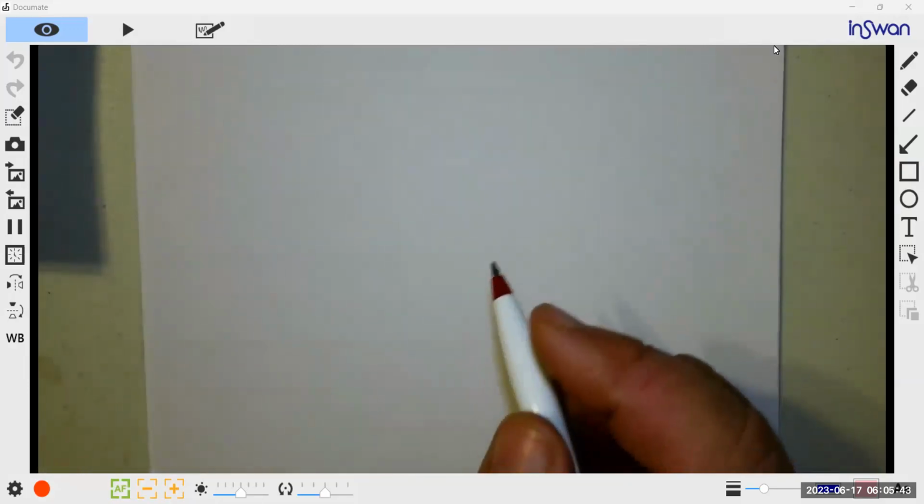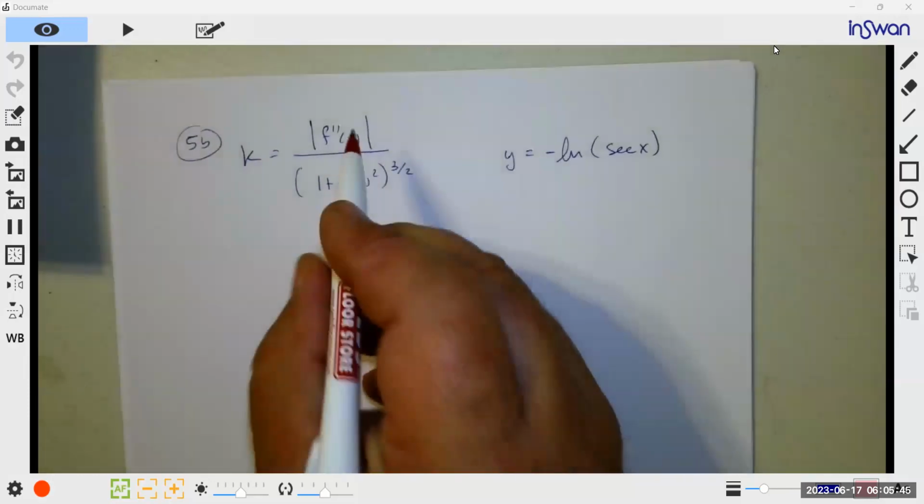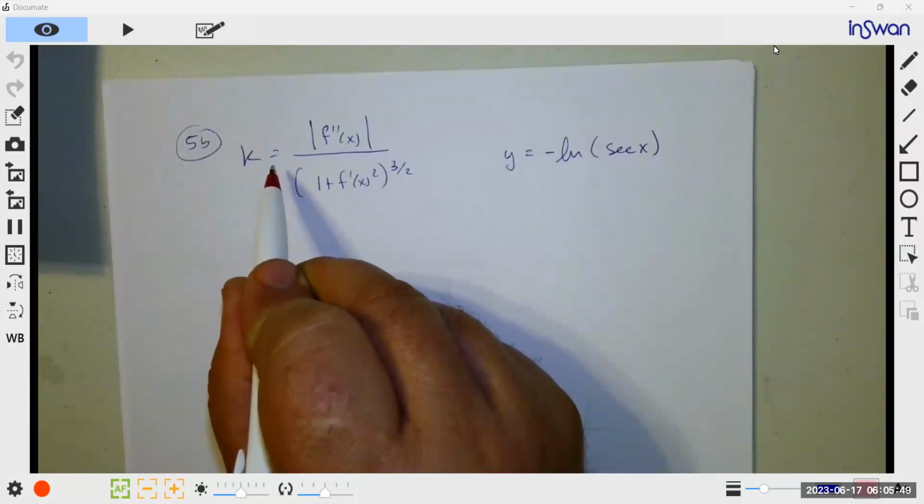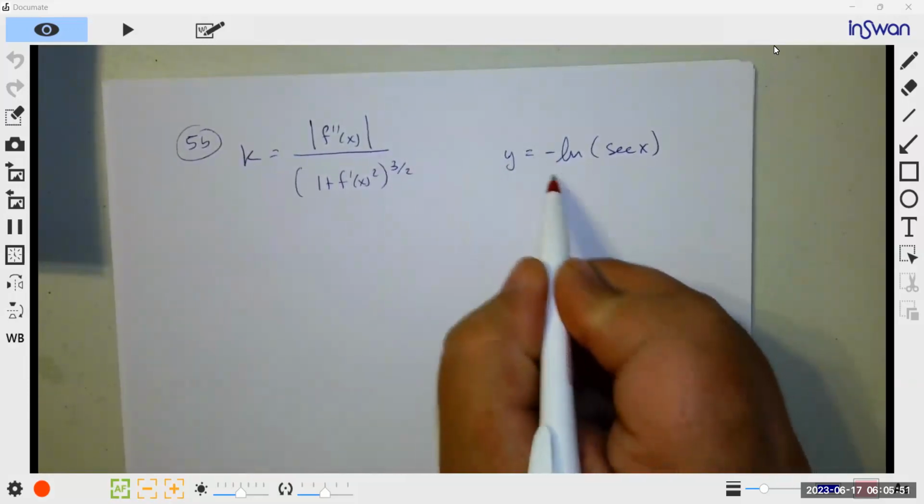Okay, make sure my papers are together. So we have to use this formula and find the curvature of this function.